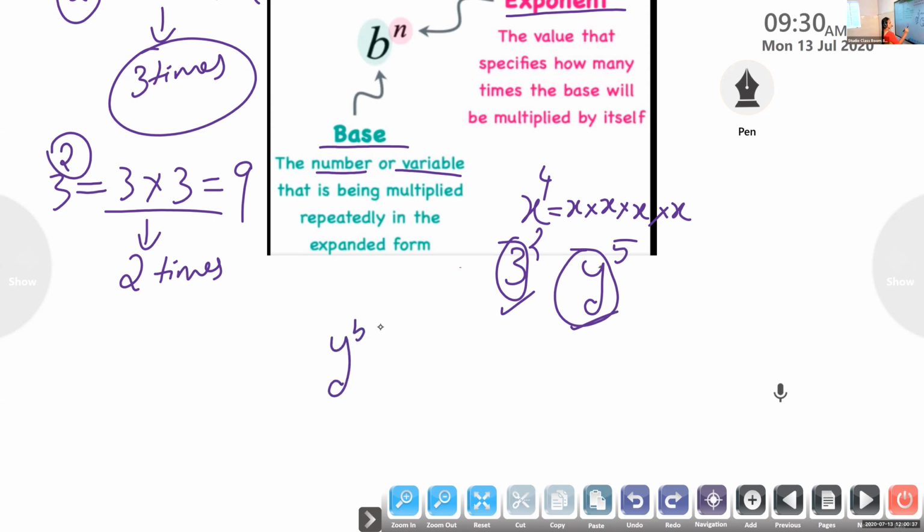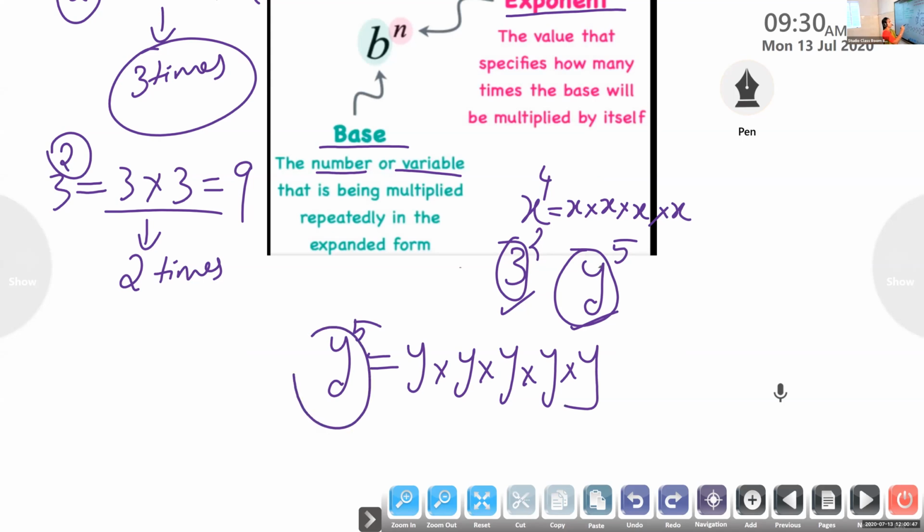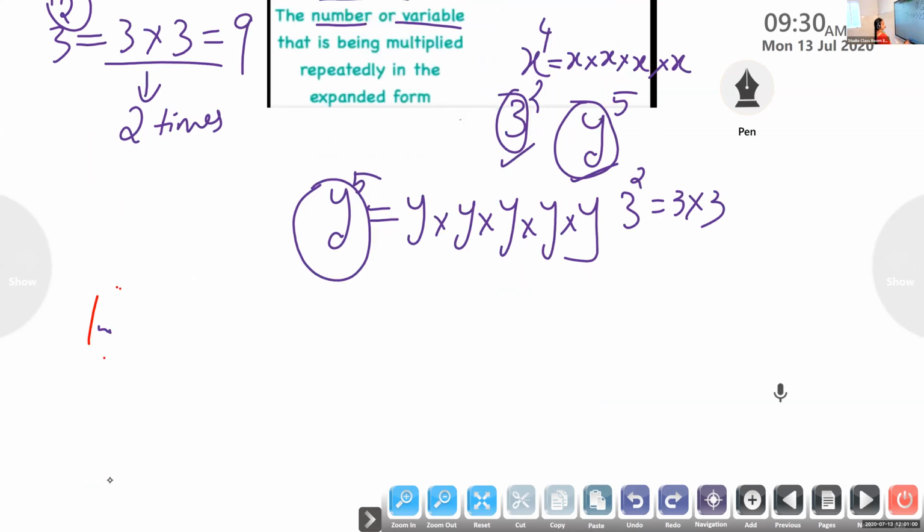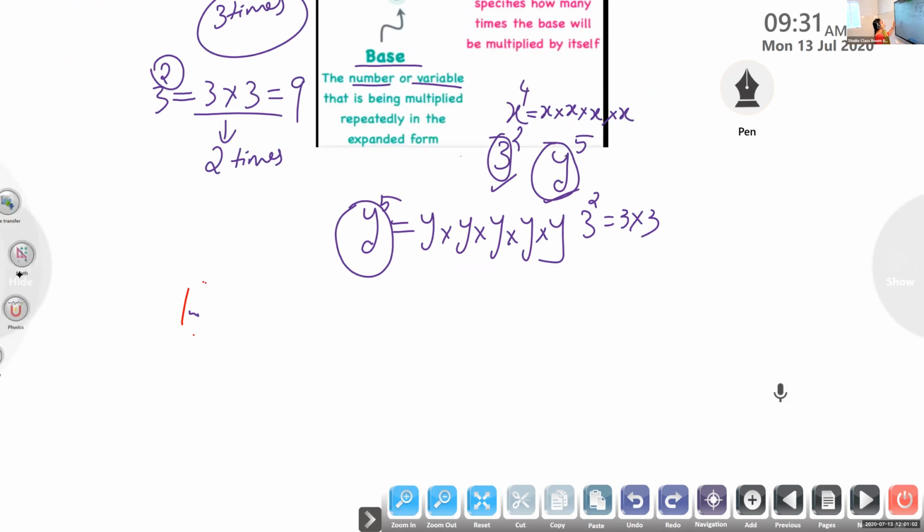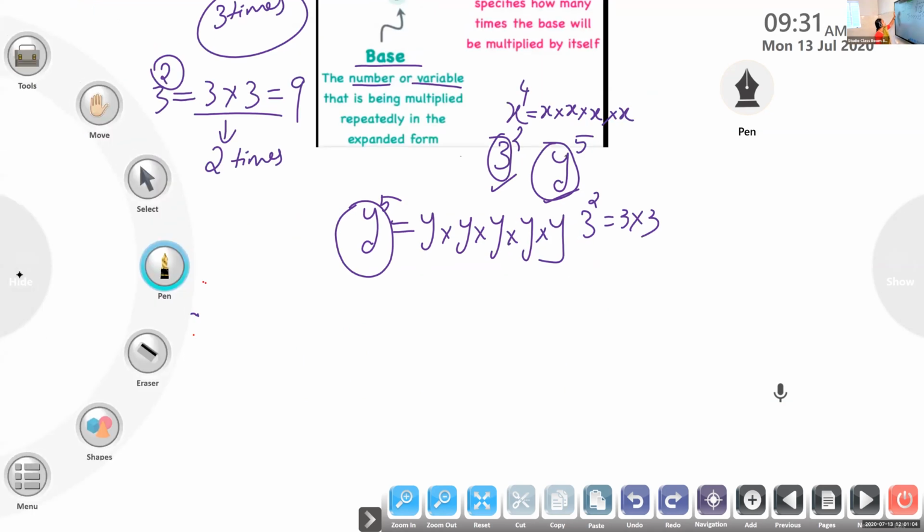Y raised to 5 means y is multiplied repeatedly in its expanded form. So base is the number or variable. 3 raised to 2 is 3 into 3, it is the number. In the case of y raised to 5, it is the variable, which is multiplied repeatedly in the expanded form.